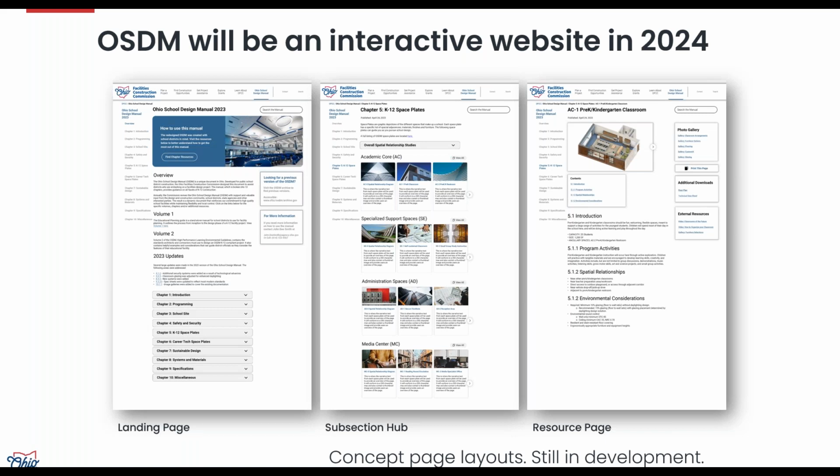And the third one, the resource page. Our previous space plates were a little less exciting in that they afforded a floor plan and verbal instructions of what should be included, finishes, materials, so forth, so that designers working with their districts would have a clear path forward.